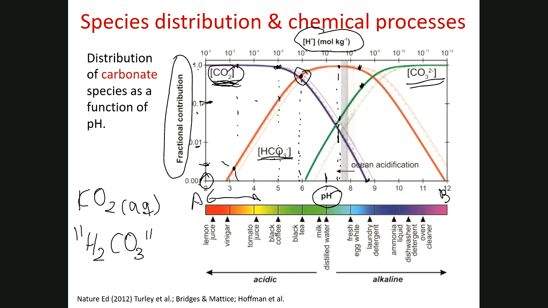There is a point here around 9 in which there's no more carbonic acid to be seen anywhere. All your carbon will be in the form, half of it in the form of carbonate and the other half in the form of hydrogen carbonate.